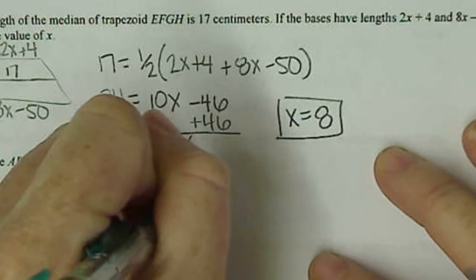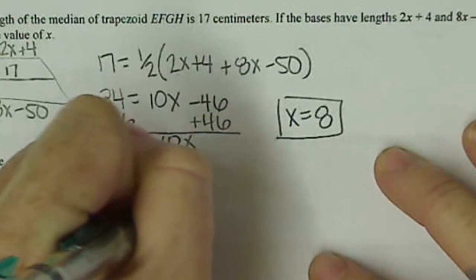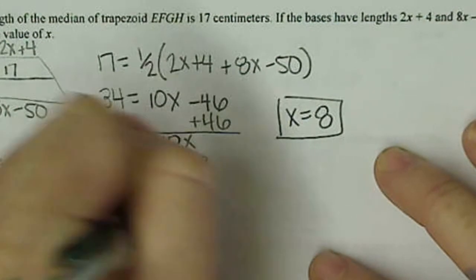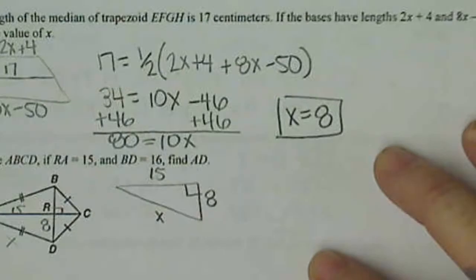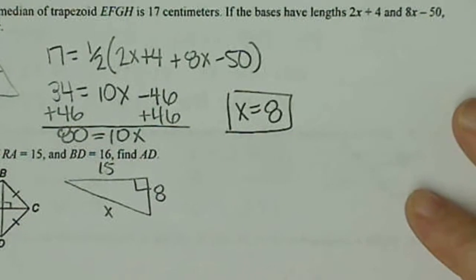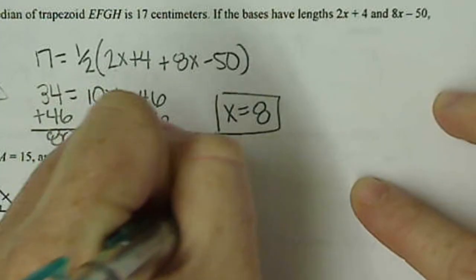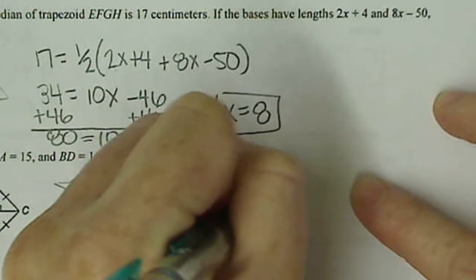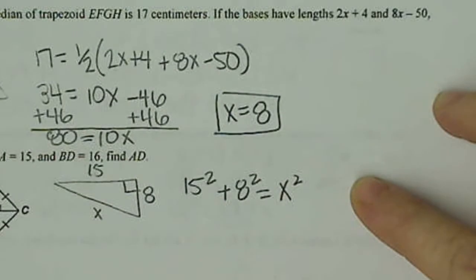If I pull this out to show you the triangle, you should see, and remember Pythagorean theorem. That's what you need to do to find x. 15 squared plus 8 squared equals x squared.